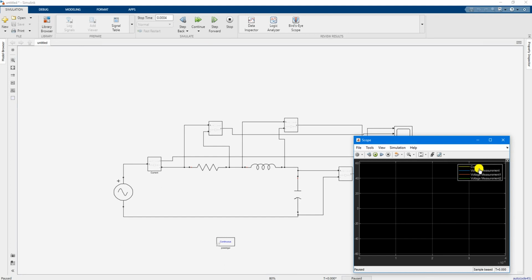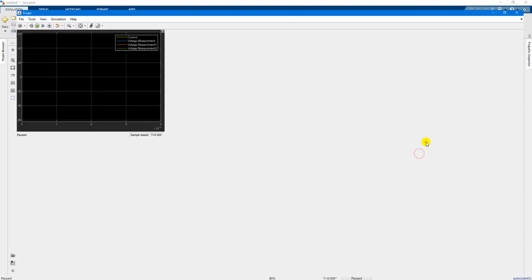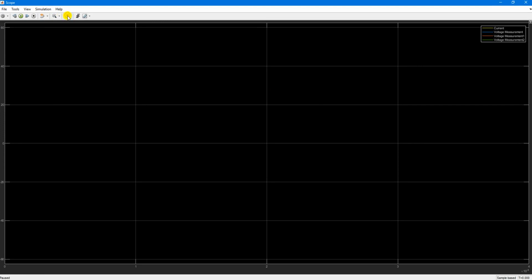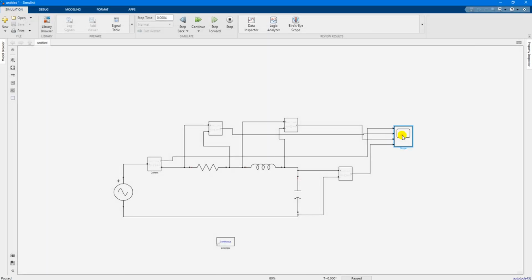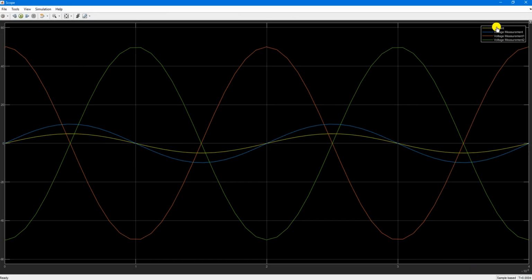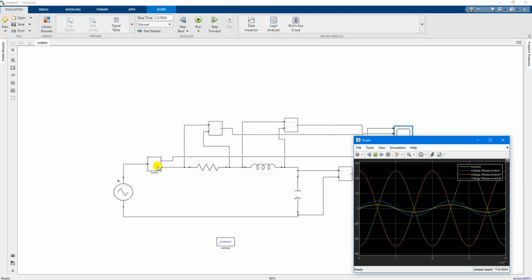Okay, let's close it, and run once more. Okay, stop, then run, then open the scope like this. You can see current. So we can rename our scopes as we would like.